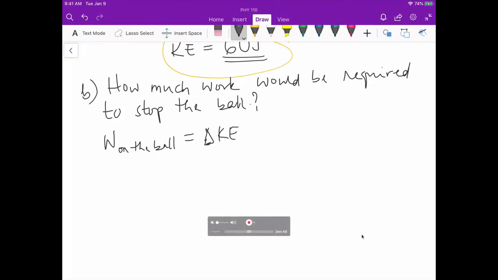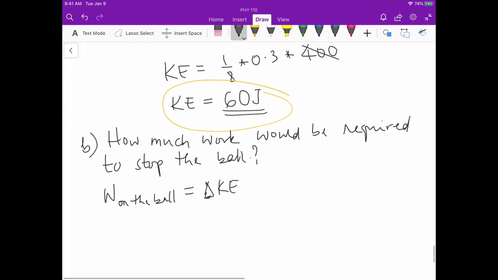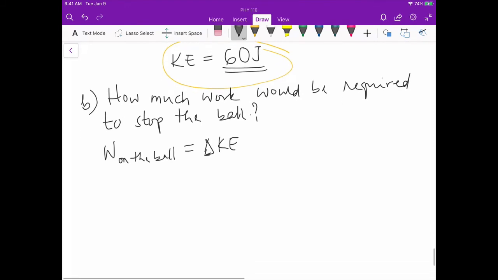Very good. Now you remember the negative of the work done by friction on the car was equivalent to the change in kinetic energy.